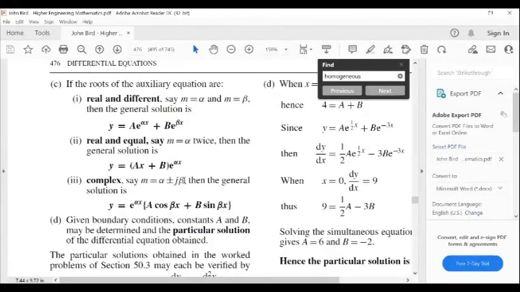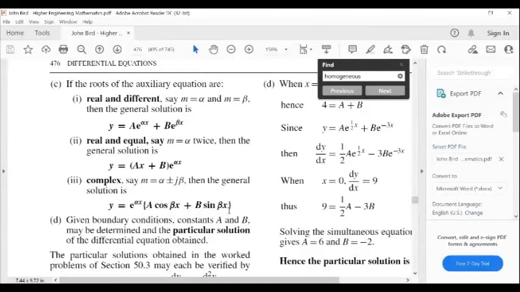For example, ang given dito is we have the square root of negative 2. So possible dito siya sa papasok sa complex. So ang general solution naman na gagamitin natin is we have the y is equal to e raised to alpha x times the a cosine beta x plus b sine beta x.